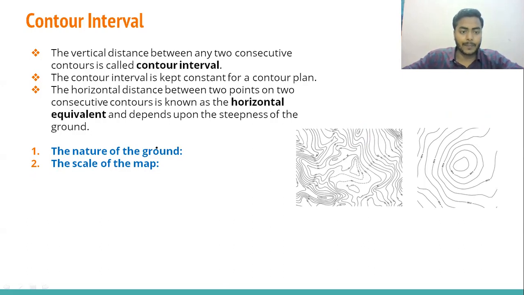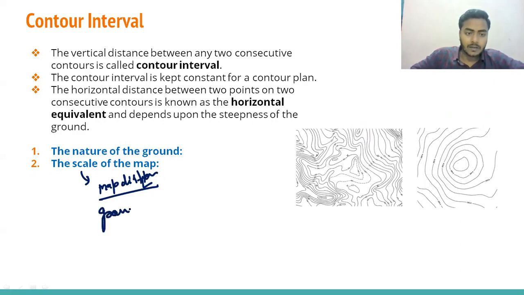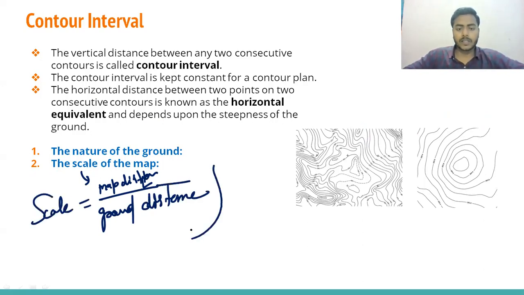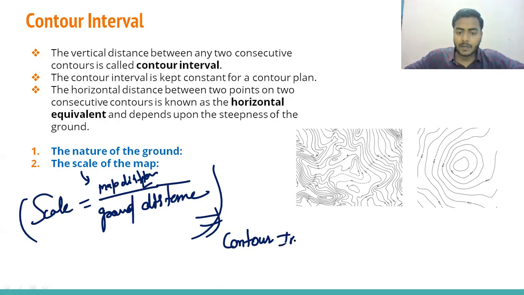Second, the scale of the map. What is a scale? Map distance divided by ground distance. So this is a scale. In general expression, we can write that contour interval is inversely proportional to scale.